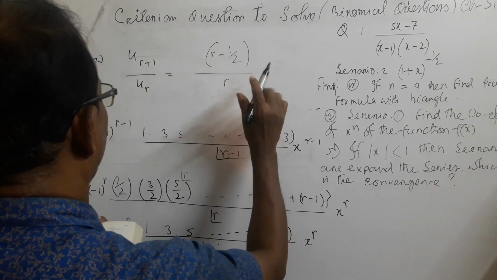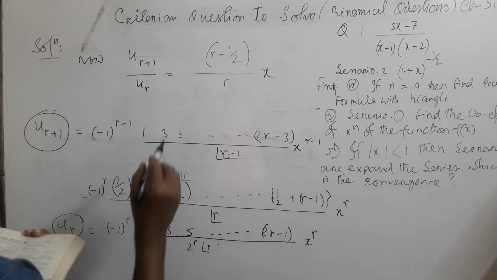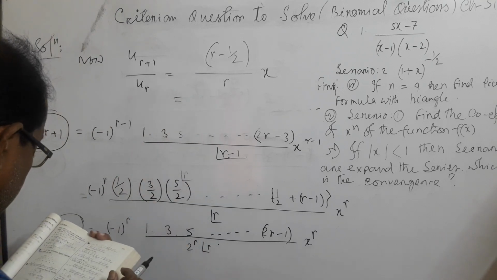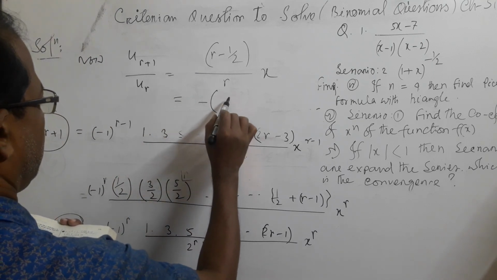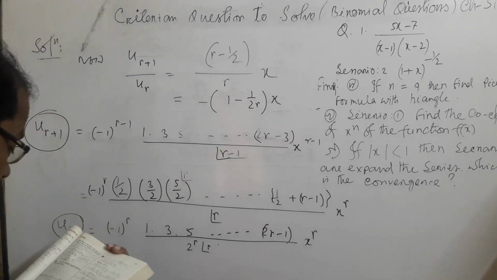Now that's why minus 1 minus 1 by 2r into x.